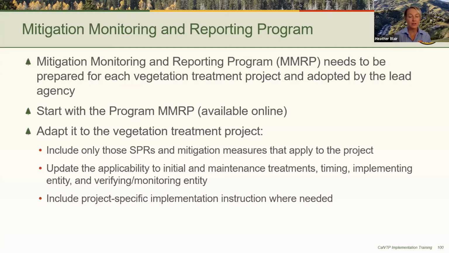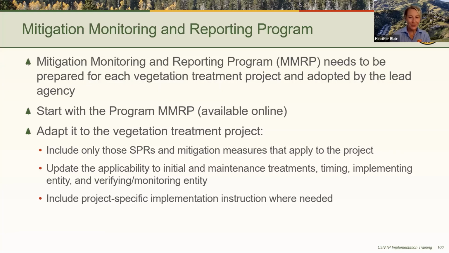So in preparing your project-specific MMRP, you can remove the measures that are not applicable to your project. You do not need to address SPRs and mitigation measures that don't apply to your treatment project. And for the measures that are applicable to your project, document whether the SPR is applicable to the initial treatment and the maintenance treatment or the maintenance treatment. And this can be done by a simple yes or no answer.